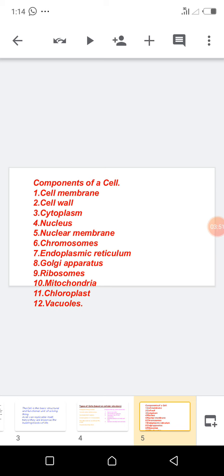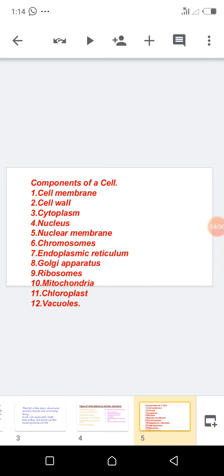Now, all cells, regardless of whether they are plant cells, animal cells, prokaryotic or eukaryotic cells, always have a cell membrane, a cell wall, the cytoplasm.